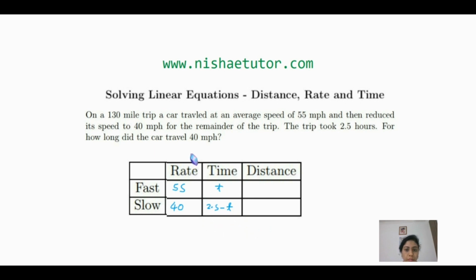Okay, now we can find out distance. So rate multiplied by time equals distance, right? So here 55 times t, 55t, and here 40 times (2.5 minus t). So when fast and when slow, they covered 130 miles.